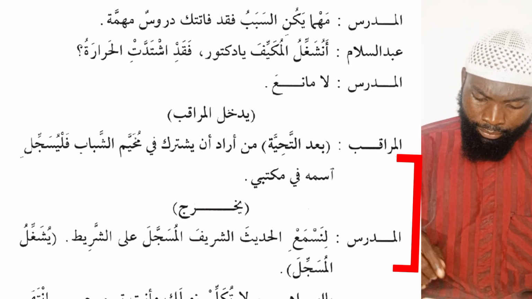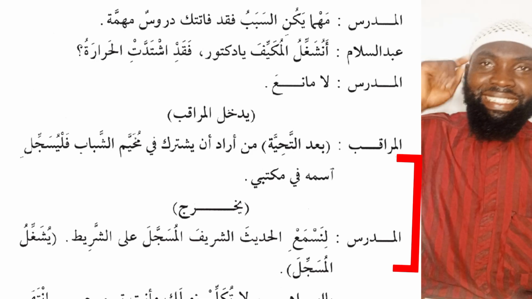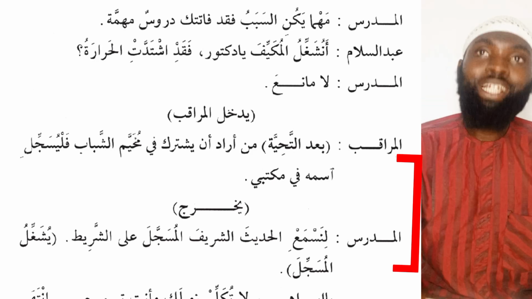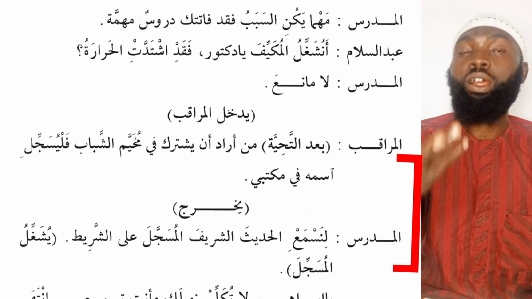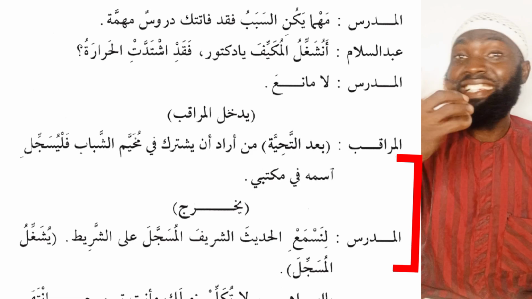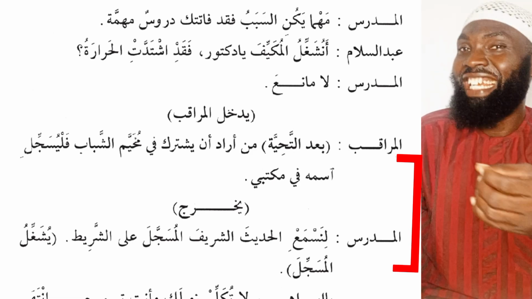Ya Ibrahim. The teacher says, "Linasma ila hadith al-sharif al-musajjal," let's now listen to the hadith which is being recorded on the tape. Yushaggalul musajjal. At this point, the recorder is being what? You can see the word musajjal.